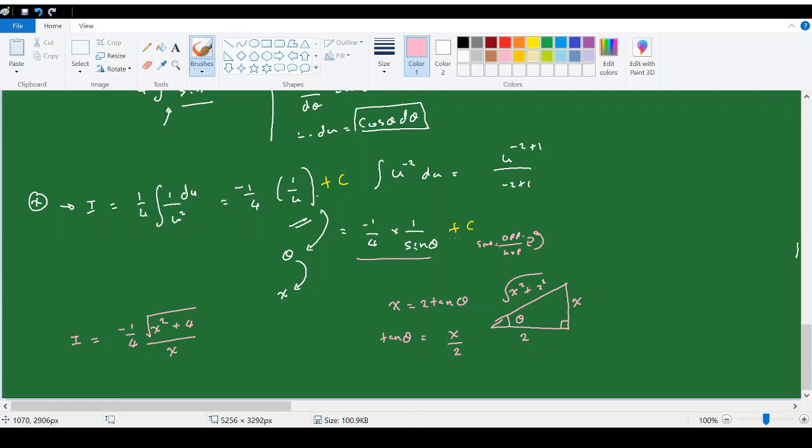And also don't forget to have this arbitrary constant. So this will be our final answer for the given integral.